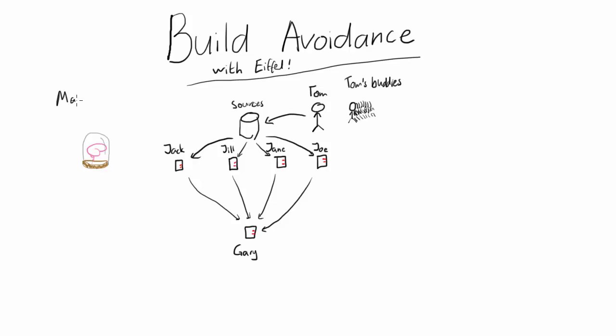One approach is to implement a mastermind orchestrator who looks at the change, then instructs Jack, Jill, Jane, and Joe to build and test, waits for them to finish, and then instructs Gary to integrate the correct version of each component. The other approach is the choreography approach, where we trust each agent to play its part and interact with its collaborators.